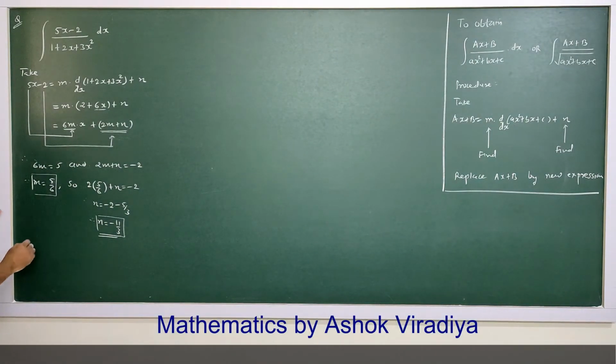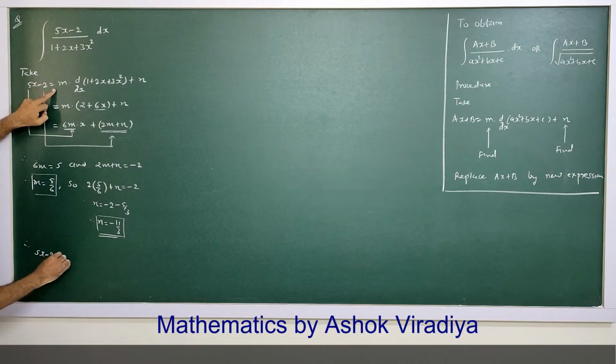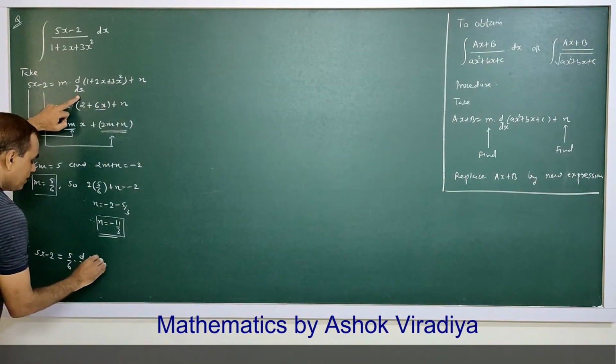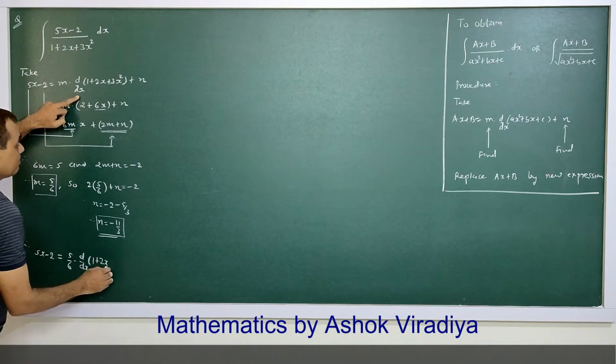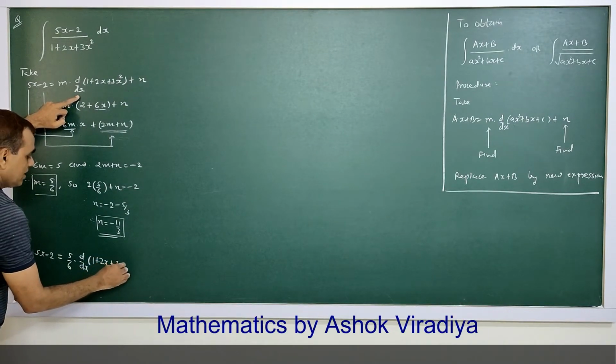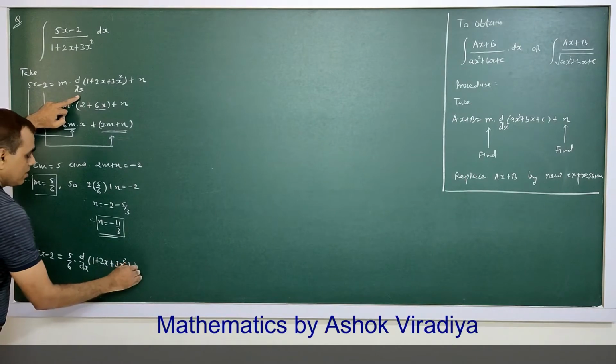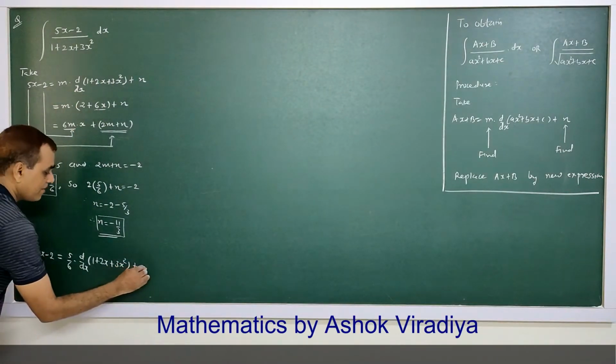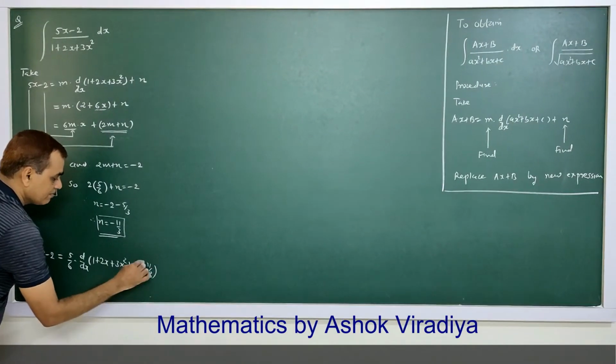So therefore 5x minus 2 equal to, m is 5 by 6 into d by dx of 1 plus 2x plus 3x square, plus n is minus 11 by 3.